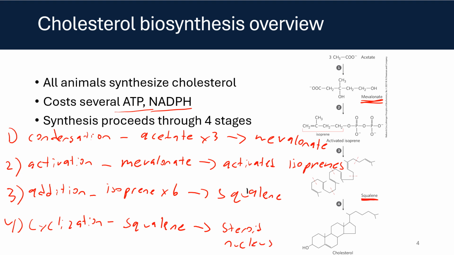This here, by the way, is what we specifically refer to as the steroid nucleus. Condensation, activation, addition, cyclization. There you go.